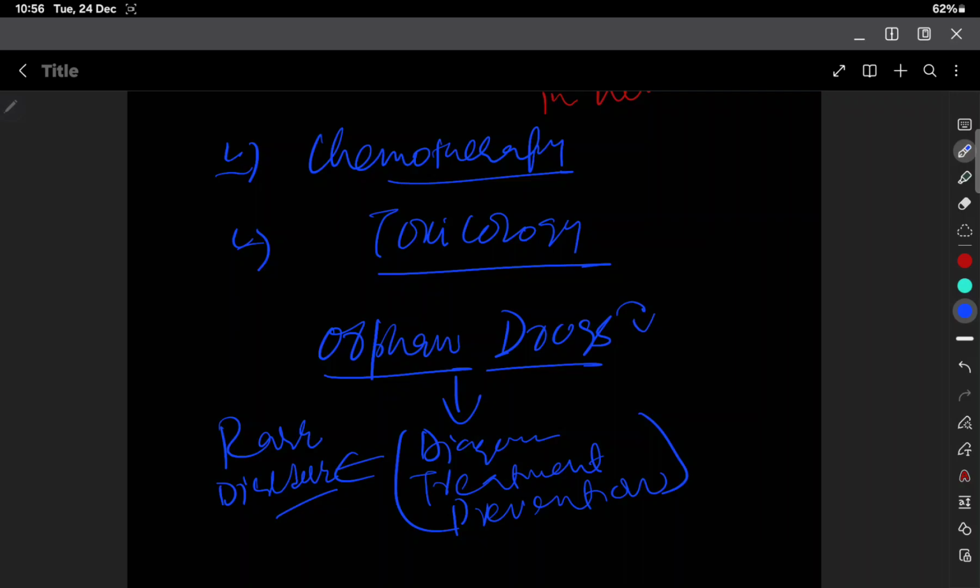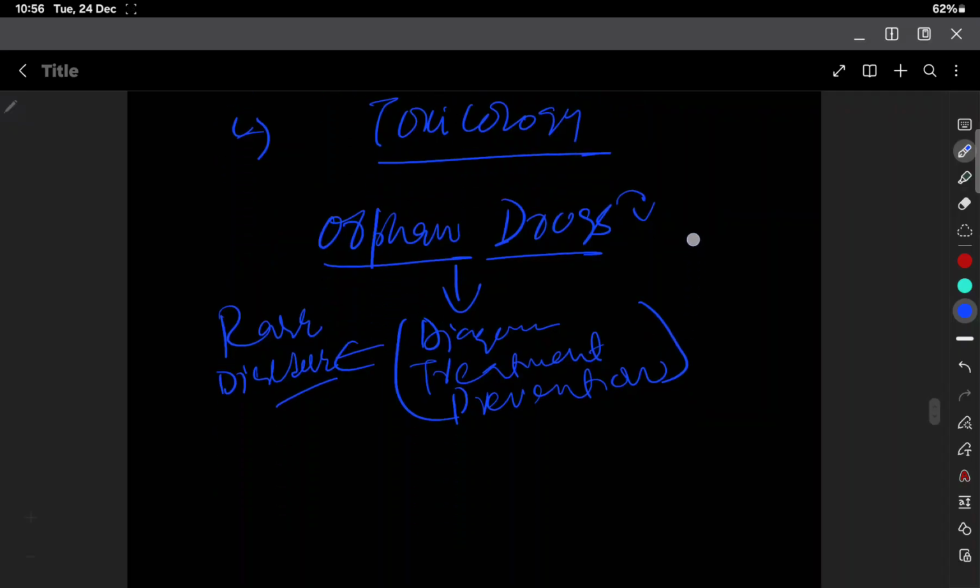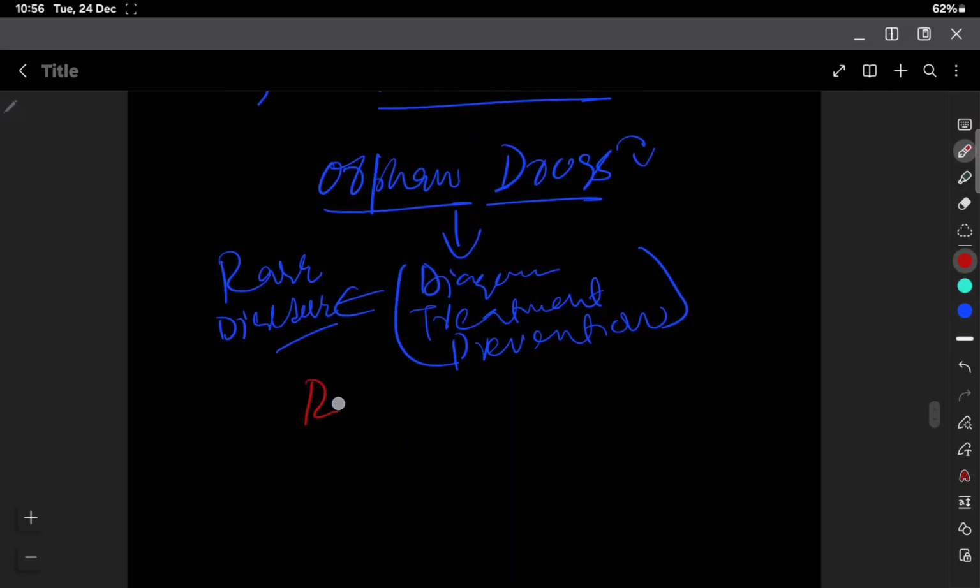For example, the rarest disease present these days is a deficiency of ribose 6-phosphate isomerase. It is the rarest disease in the world.